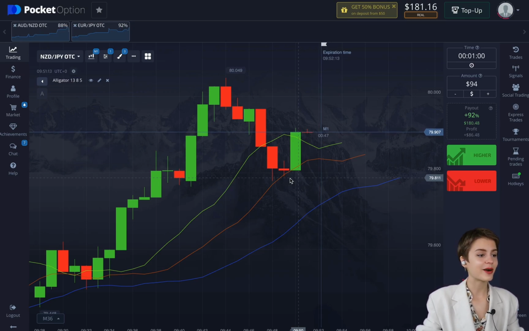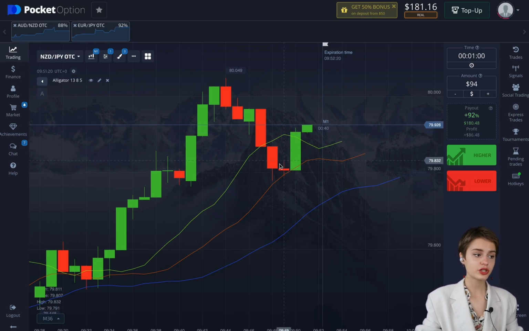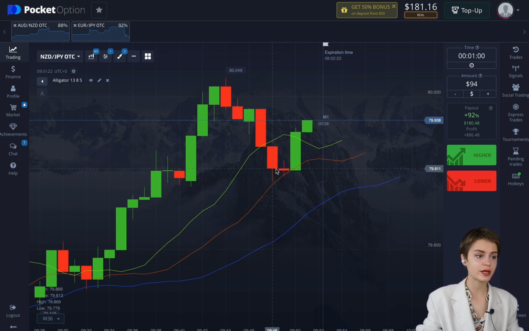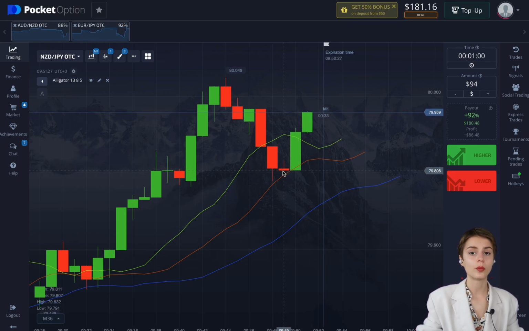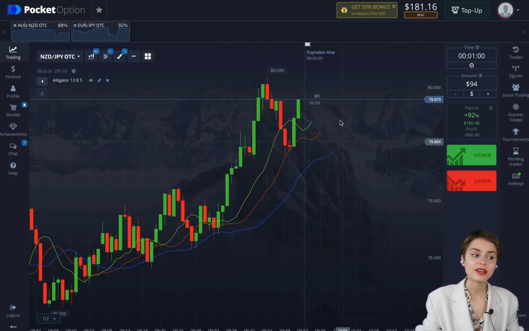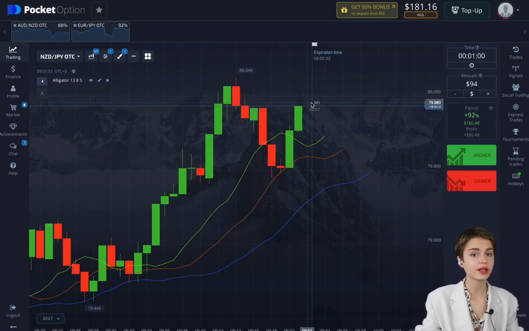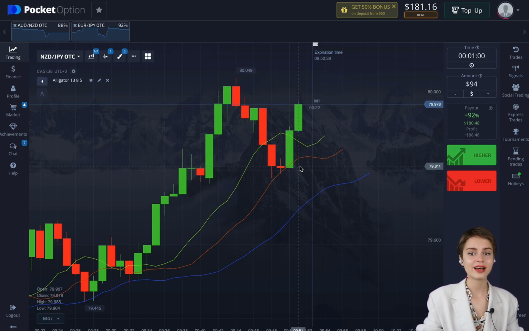So a morning star pattern, yes, meaning we have a big red candle, a doji candle, and a big green candle. So it's rational to say that in this place there was a balance between buyers and sellers, and it means that from the support level, when having an uptrend too, the upward motion will continue. So the deal was opened with higher, and as you see yourself, how perfectly it's closed.